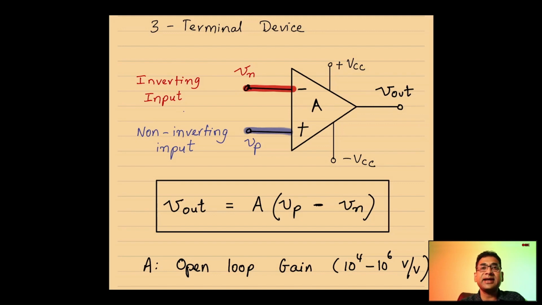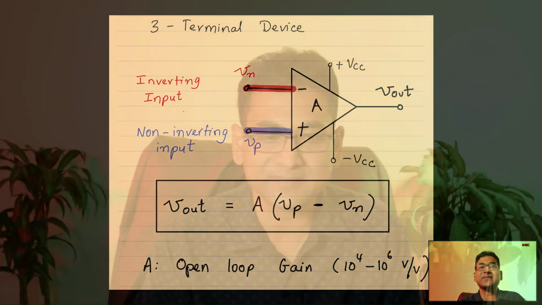V output is a gain multiplied by VP minus VN. In the next example, we are going to throw in some numbers and understand how this op-amp functions, and what the limits of the operational amplifier are, and so on.